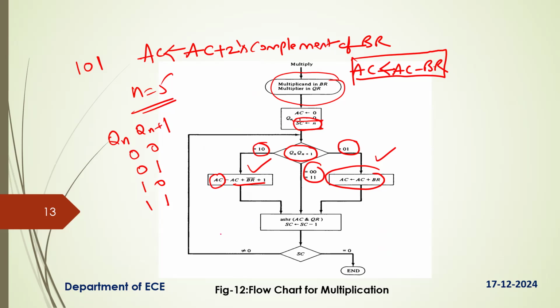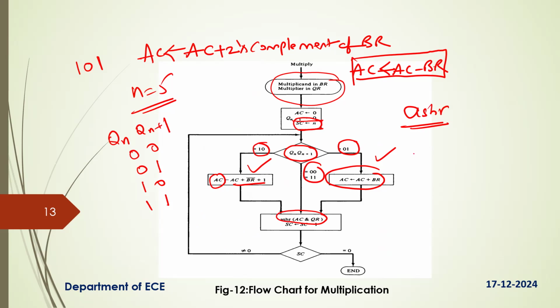Suppose Qn and Qn plus 1 are 0, 0: nothing happens to the partial product. Simply, you perform one operation called ASHR, the arithmetic shift right operation. We use it here to preserve the sign bit.